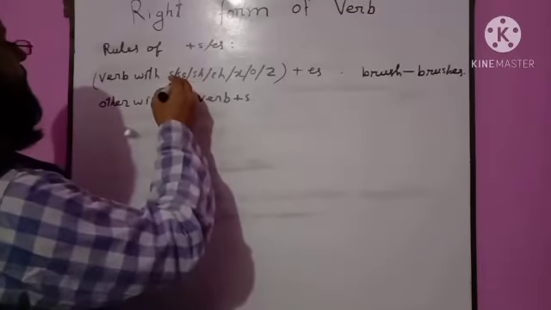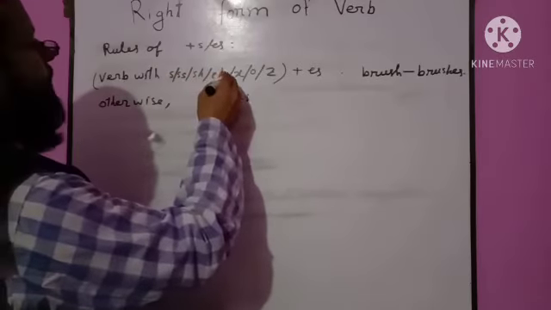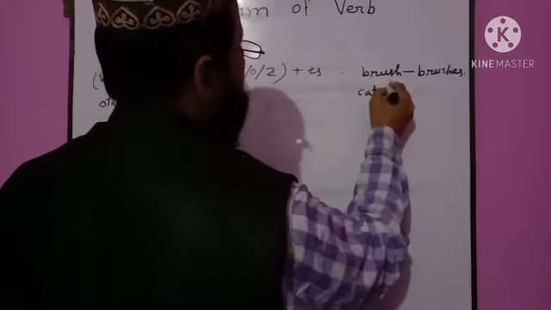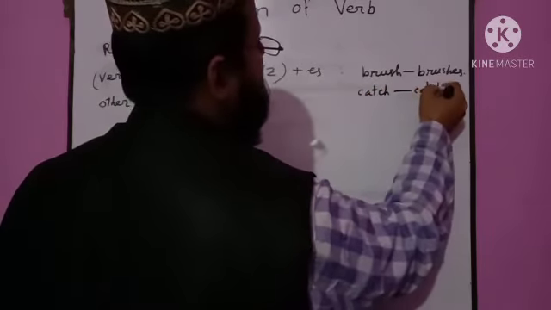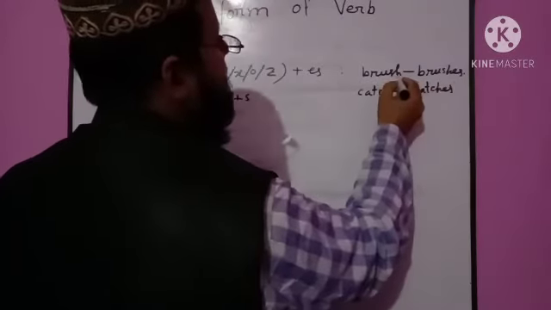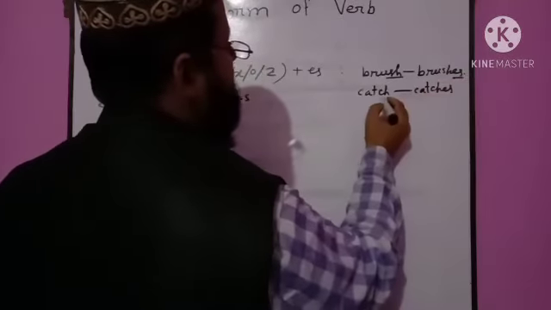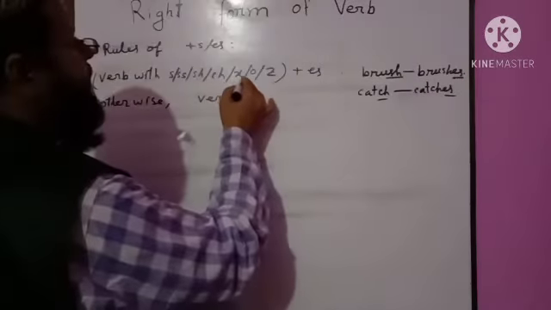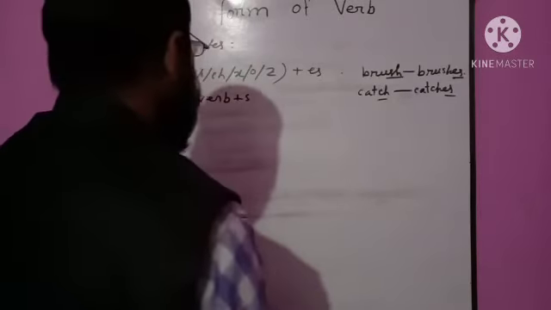And for catch, it will be catches. The last letter is sh, so we use es. The last letter is ch, we shall use es. Similarly, x, o, z, s, double s, we shall use es.